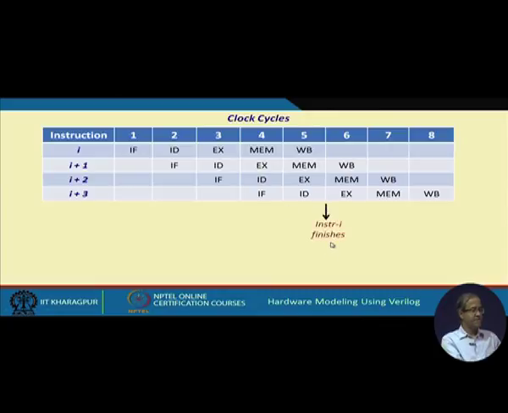So, it will finish here after 5 cycles, and after 6 cycles I plus 1 will finish because WB is finished here, and after 7 cycles I plus 2 will finish, and so on. So, here the idea is that you initially give some time for the pipe to fill up, and after it gets filled up you will be getting one instruction completed per clock cycle. This is the advantage that we gain in pipelining.